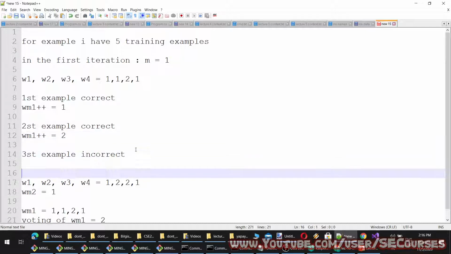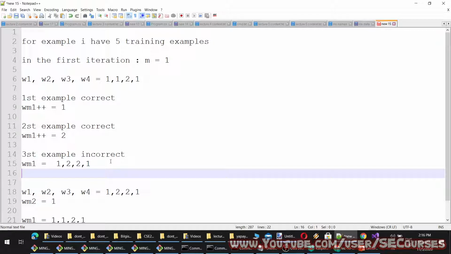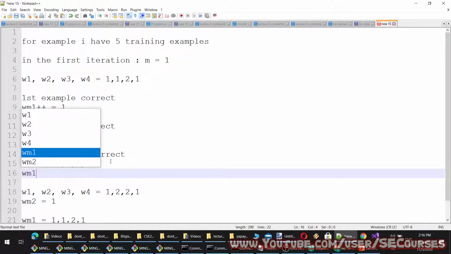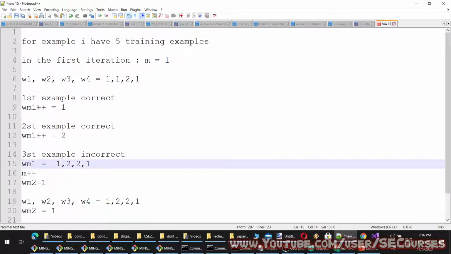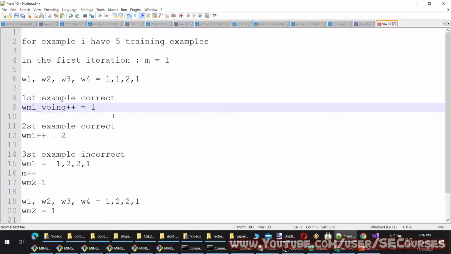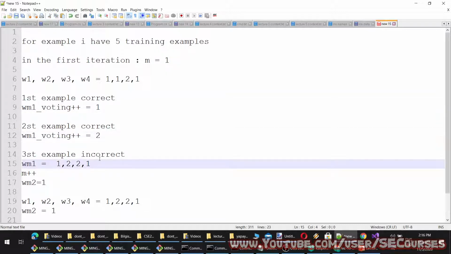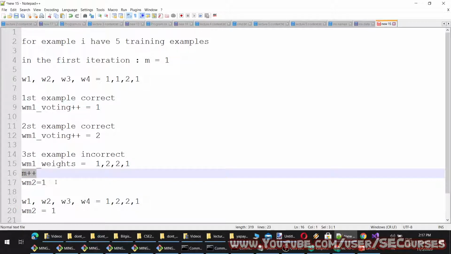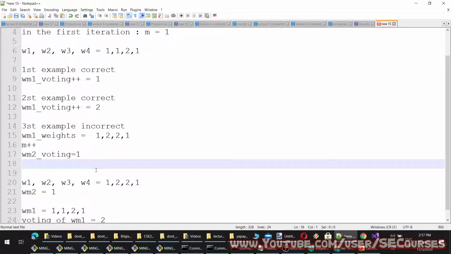When the third example is incorrect, I do this: first I assign the existing value, then I increase the m value by 1. I will name this voting, and this weights, for better naming. Then I increase m by 1, and the voting of m2 becomes 1, and vm2 holds the updated weights.